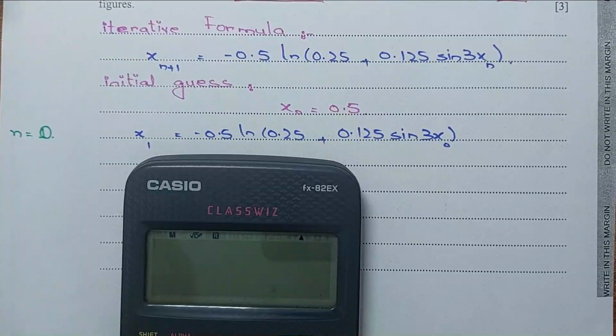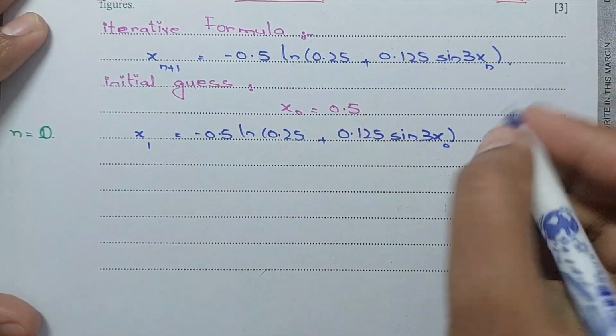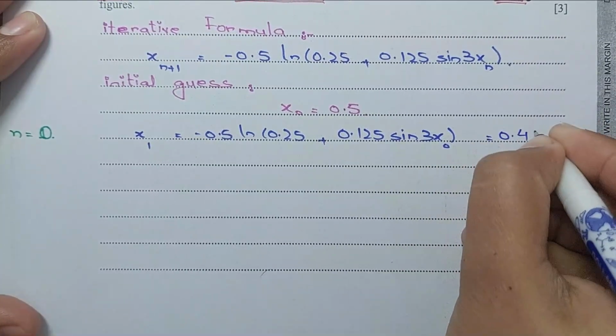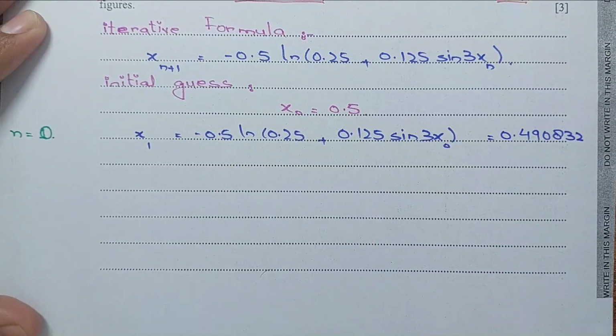So minus 0.5 natural log of 0.25 plus 0.125 multiplied by sine of 3 times 0.5, with brackets for the sine and for the natural log. To 6 significant figures, 1 2 3 4 5 6, this is 0.49832.